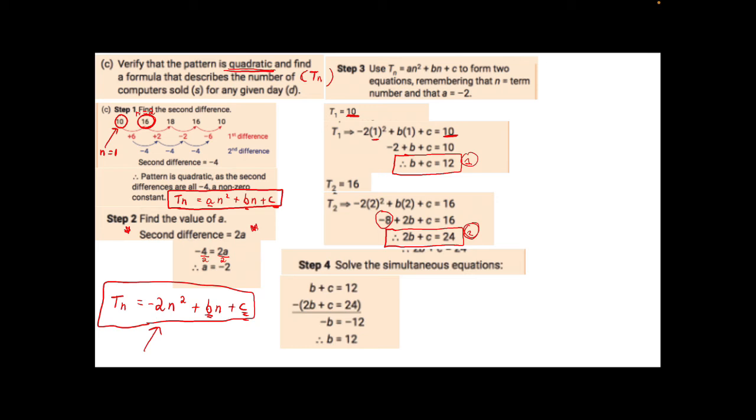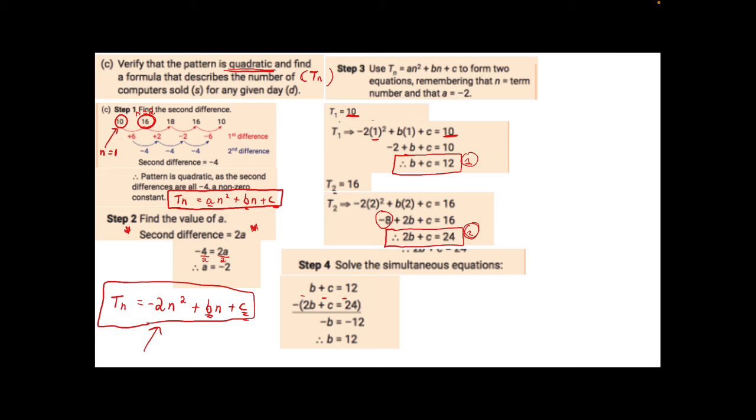To solve your simultaneous equations, you need to cancel out one of the letters. So in this case, I'm going to multiply my second equation by minus 1, which gives us minus 2b minus c equals minus 24.